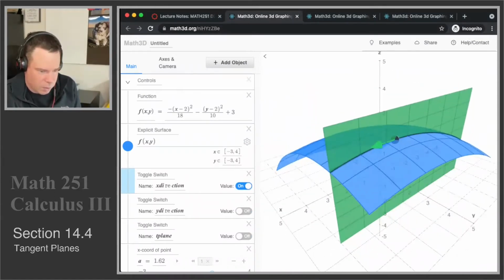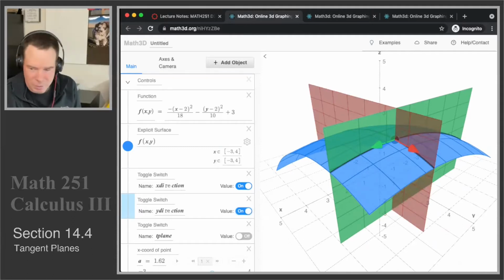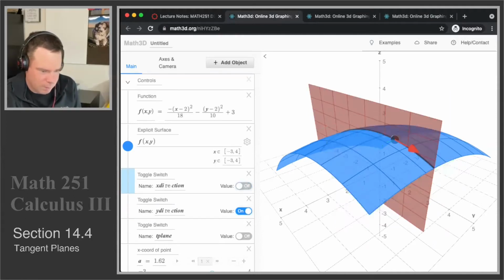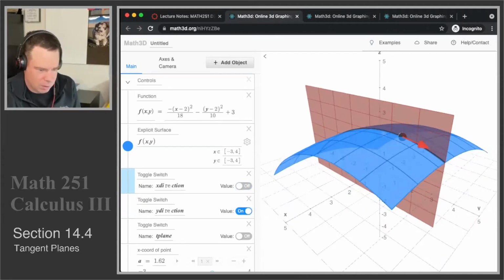Oh, my apologies. I'm doing the second one here. I got to get these right. So now we are going in the y direction. I think I might have labeled these ones wrong here. Nope, there we go. Looks good. So in the y direction, got it now.